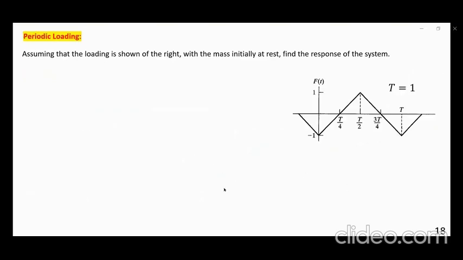Okay. Now let's look at the other situation with the right-hand side. The right-hand side is not zero, is not an impulse, is not sine or cosine, and is not a very general arbitrary function like t squared, but it's a periodic function. Now we know how to handle periodic functions.